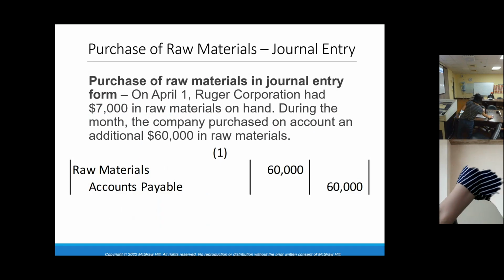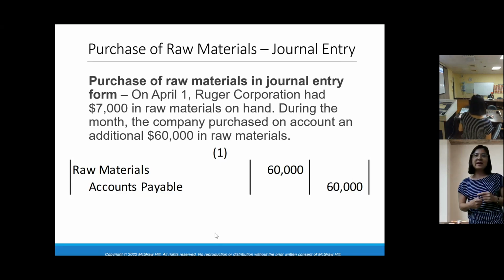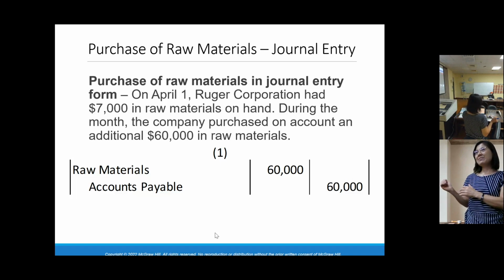On April 1st, this company had 7,000 in raw materials on hand, and during the month, the company purchased an additional 60,000 in raw materials. So your raw materials will be increased by 60,000, right? You debit your raw material by 60,000. Where is the other account? The question tells you that this is purchased on account.